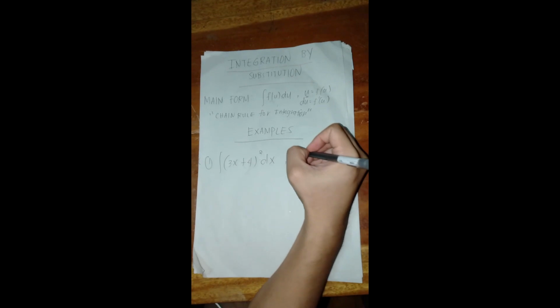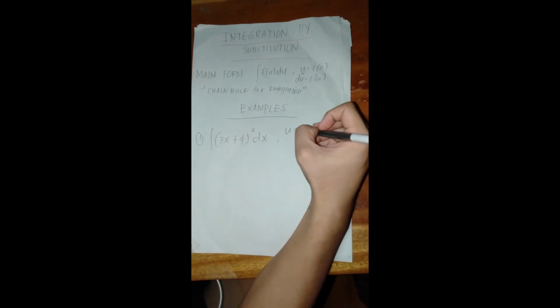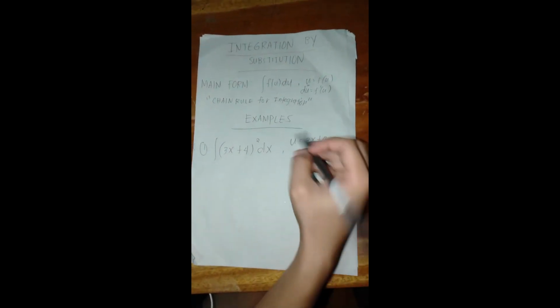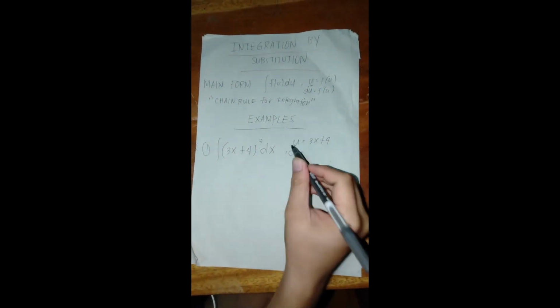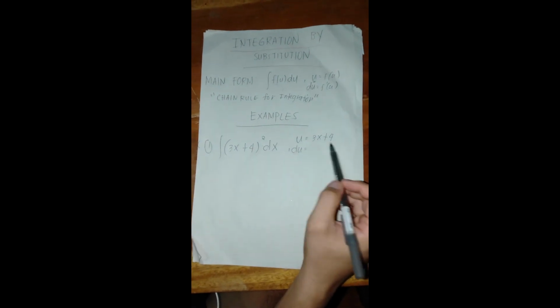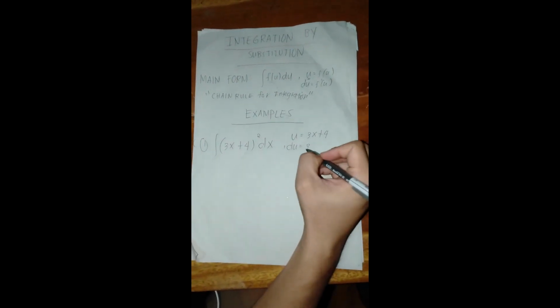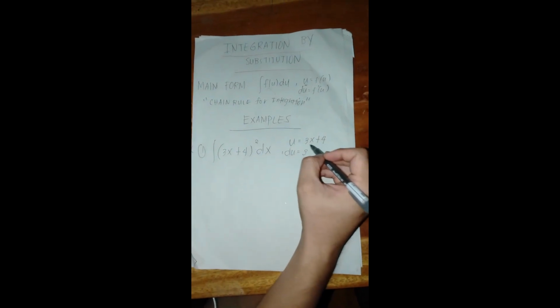So, sa example number 1, what do you think will be our u? Yung first step, identify natin u. Dito, ang u natin is yung 3x plus 4. Tama? Then du, which is derivative ng u. Derive natin: derivative of 3x plus 4 is 3. But this time, we need to derive the x.